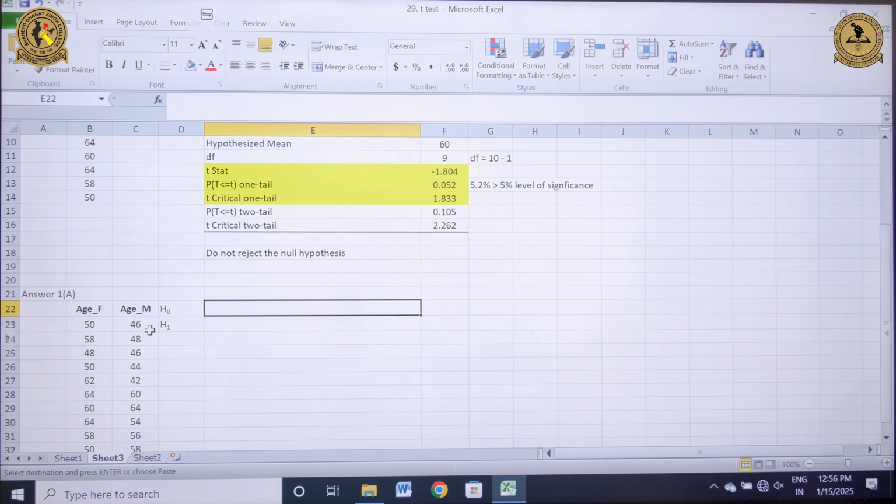Now after copying and pasting this information, I also need to write my null hypothesis as well as the alternate hypothesis.